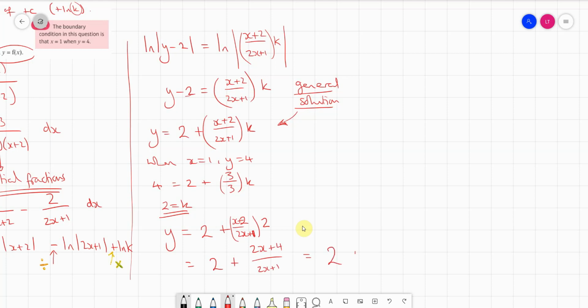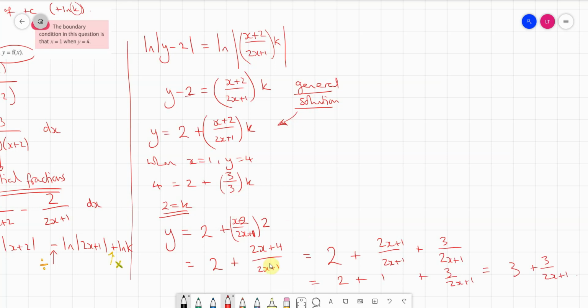So I could write that as 2 plus 2x plus 1 over 2x plus 1, which will equal to 1. And then from that 2x plus 4, I've got an extra 3 left over, because 2x plus 1 plus 3 gets me 2x plus 4. So that is 2 plus 1 plus 3 over 2x plus 1, which is 3 plus 3 over 2x plus 1.